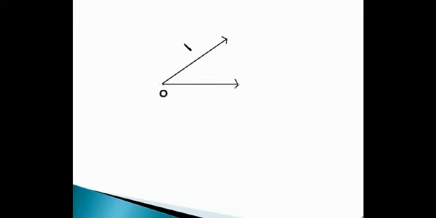Now the point where the two lines meet is called the vertex. I have named it as O. And these two lines, I am naming them as A and B. So AO and BO are called the rays.